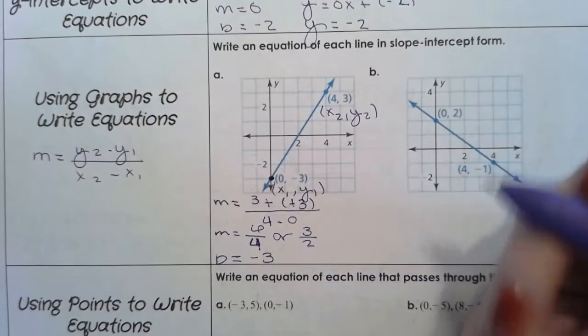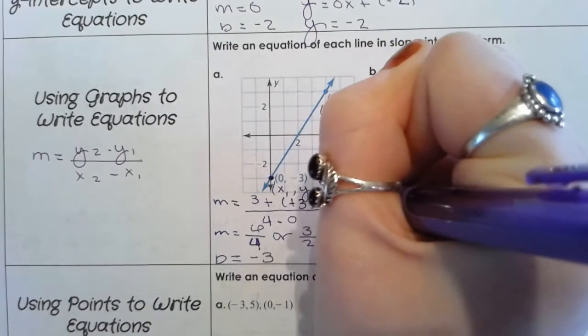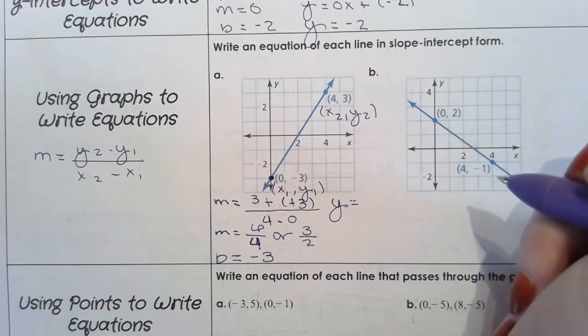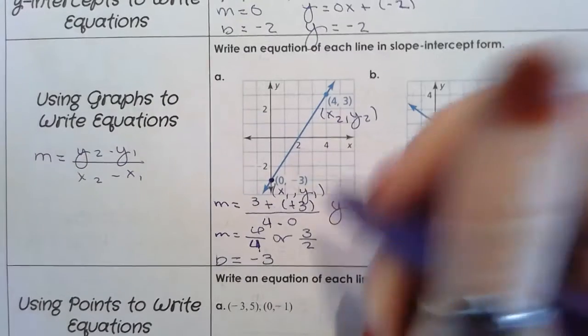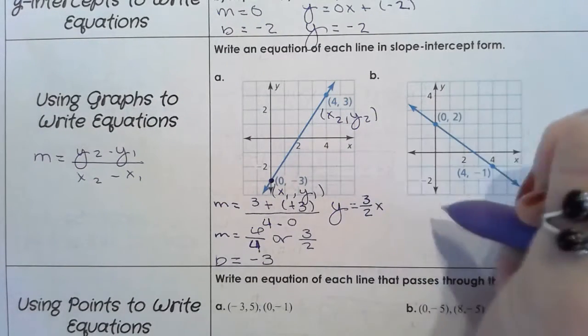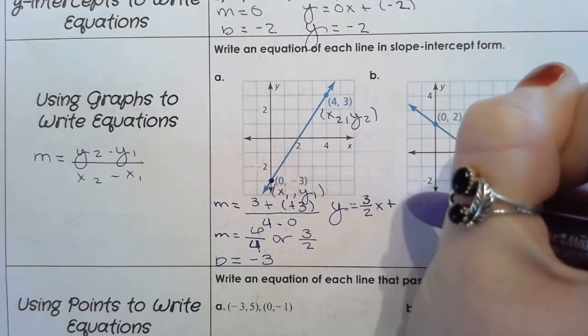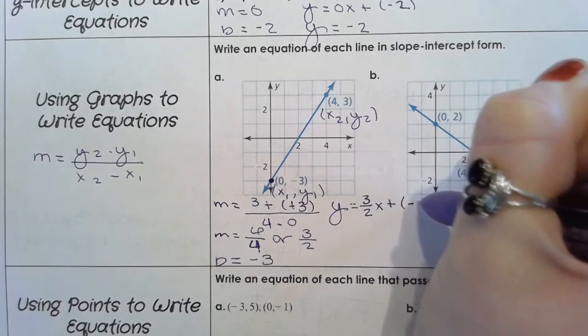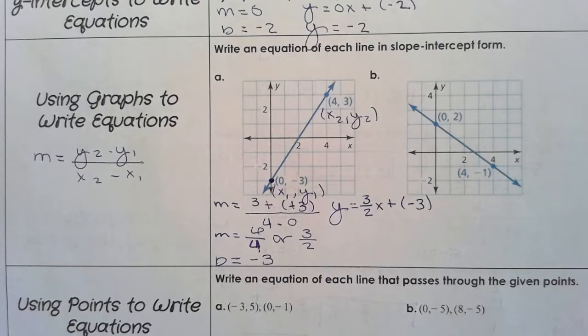So then now I'm not quite done because I need to plug this into y equals mx plus b. So I have y equals m, which is 3/2, so 3/2 x plus our b value, which is -3. Remember, these parentheses around that -3 don't really do anything except remind me that that 3 is negative. So I know that I need to keep that negative with that 3.